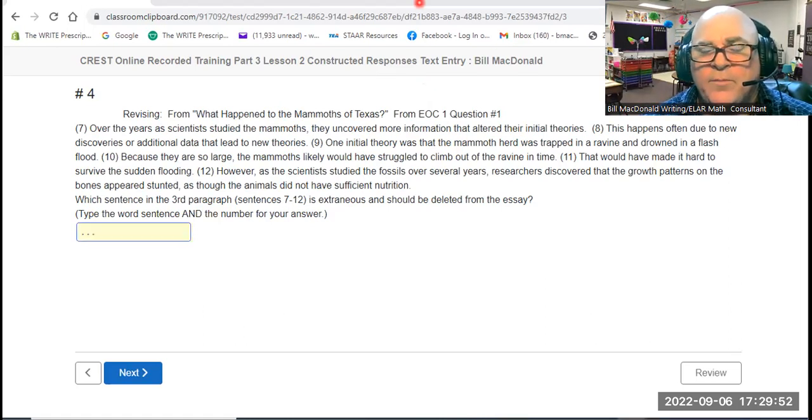So if we're trying to pick between the two sentences, they uncovered more information that altered their initial theories. That's our topic sentence, our main idea. This happens often due to new discoveries or additional data that led to new theories.